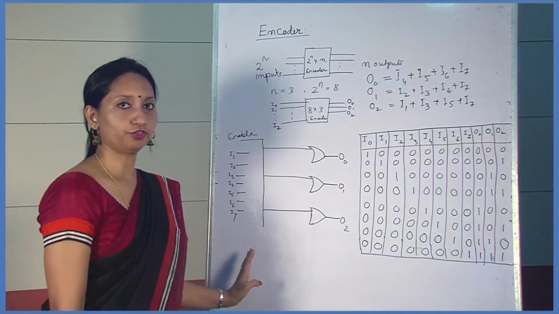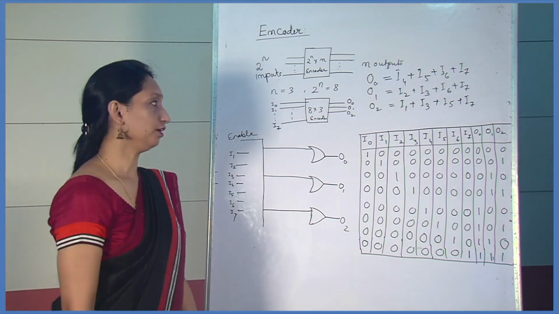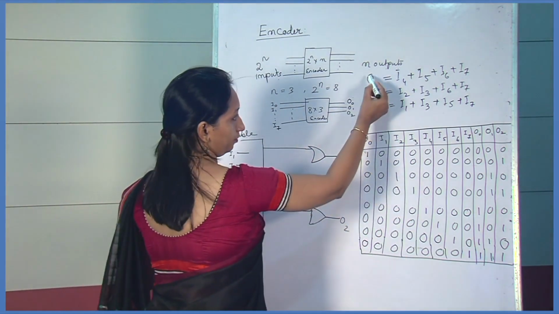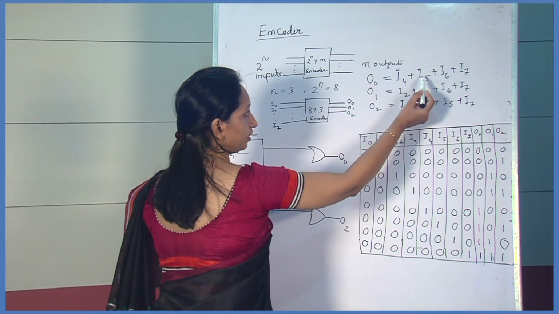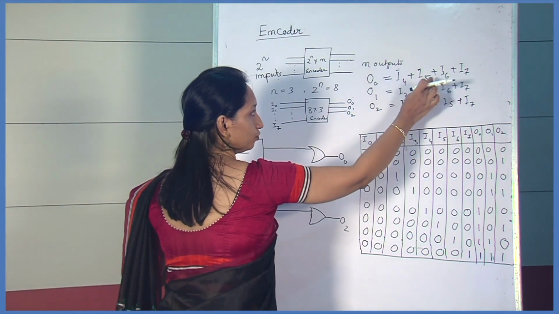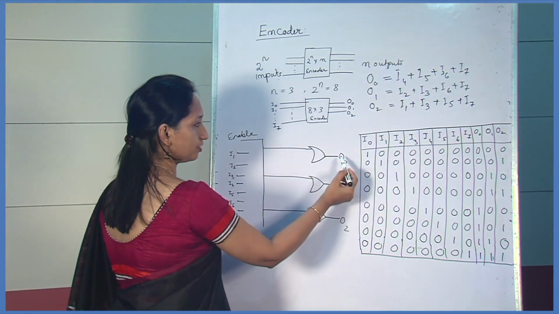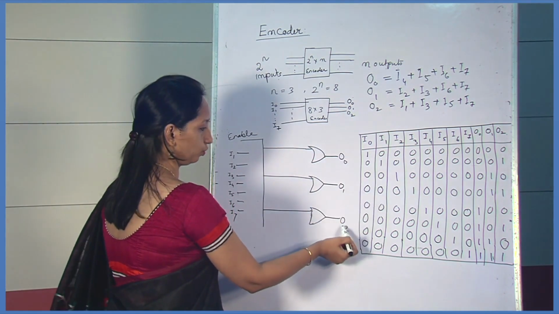Now we draw the logic diagram of the 8x3 encoder. Here three outputs, so we used 3 OR gates, and the outputs of the 3 OR gates are O0, O1 and O2.